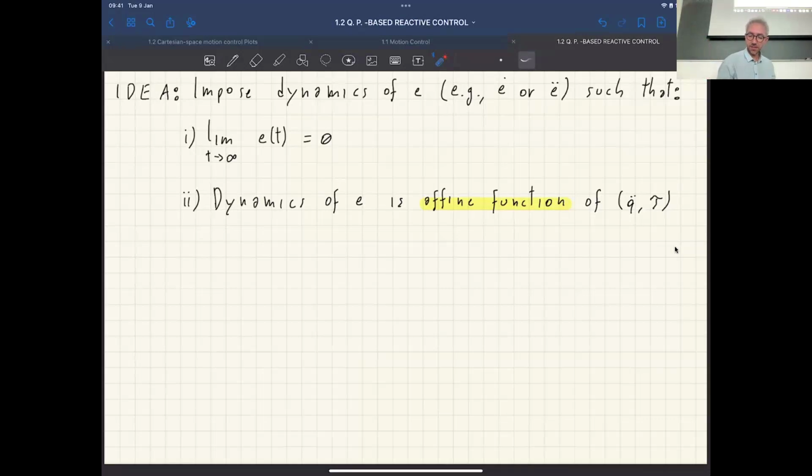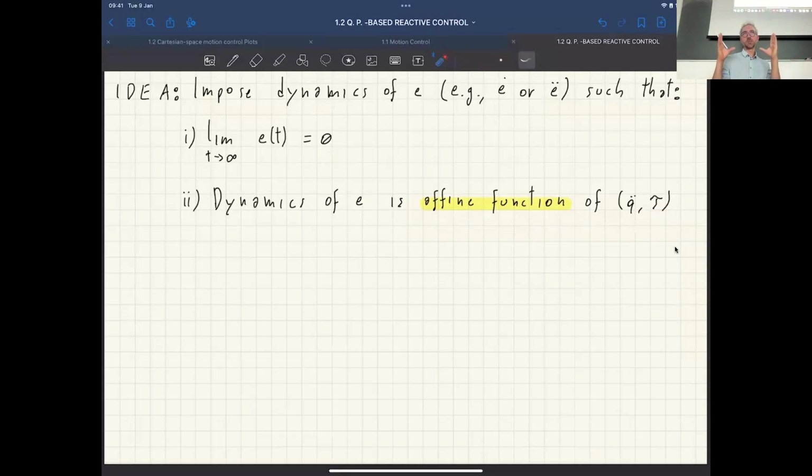So if I find an expression for the dynamics of E such that the limit of E goes to 0 as time goes to infinity, which is what I want, since E is an error, and the dynamics of E is an affine function of my decision variables of the optimization program, q double dot and tau, then I'm done.